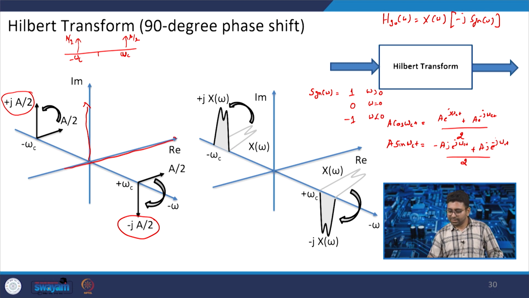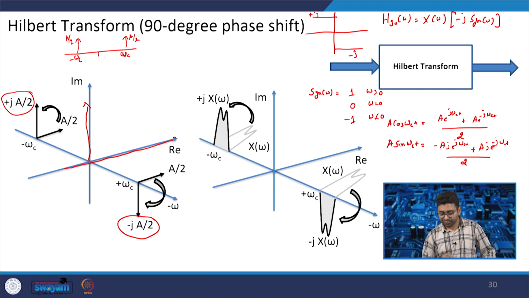In the Hilbert transform, we multiply minus j with signum. So the positive frequency is multiplied with minus j amplitude and the negative frequency is multiplied with plus j amplitude.